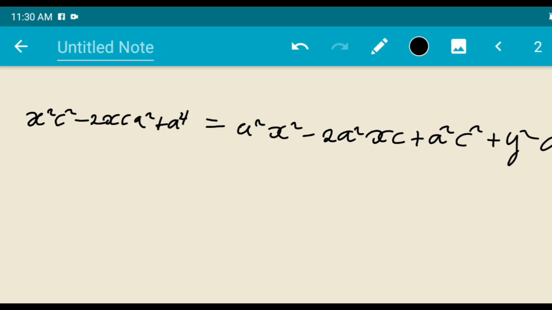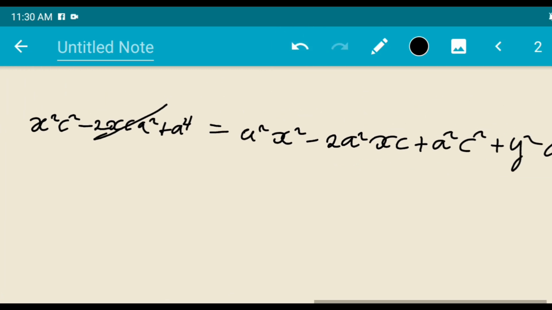So, in this case, this here is the same as this here. They both have negatives. So this will go, and then this whole thing as well will go.